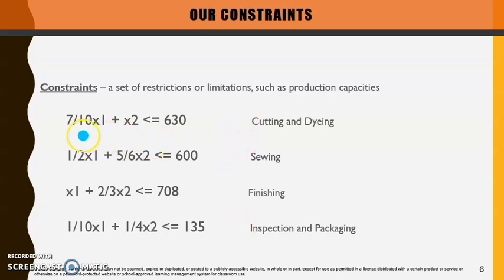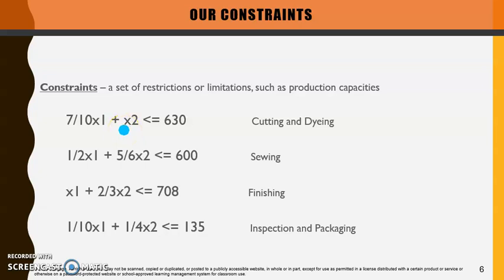We know that the amount of time consumed by the cutting and dyeing section is 7/10 x1 plus x2, because for each standard bag we need to spend 7/10 hours, and for each deluxe bag we need to spend 1 hour.